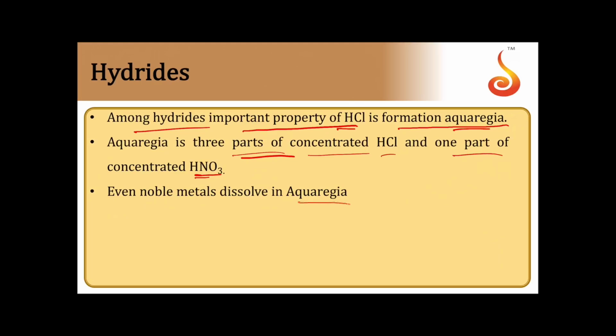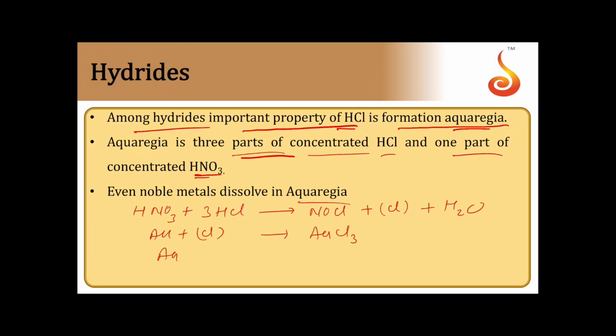dissolve in aqua regia. Let us take the example of gold and write the reactions. One part of HNO3 and 3 parts of HCl will give us NOCl plus Cl, free chlorine, highly active in nature, plus H2O. When you add gold to the mixture, it reacts with the free chlorine and forms AuCl3, that is auric chloride.